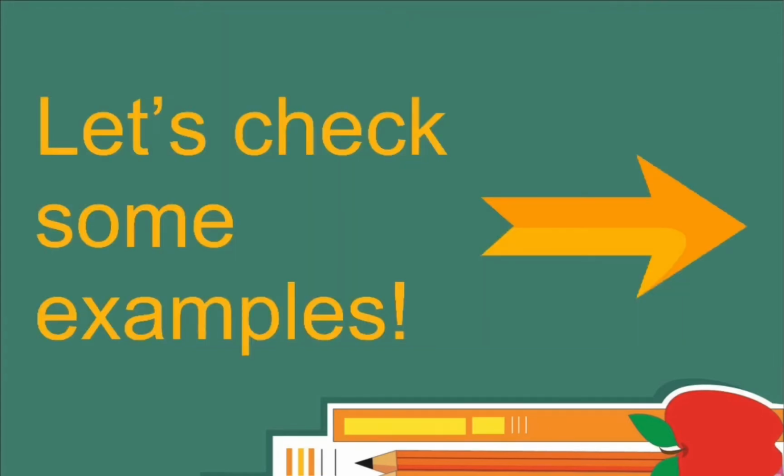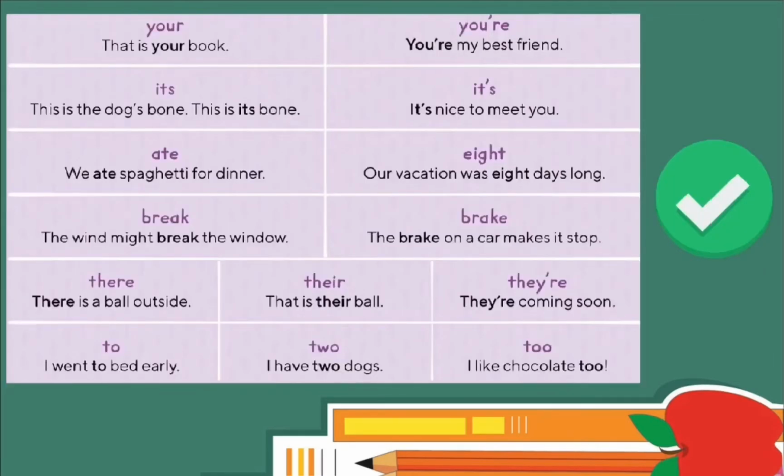Let's check some more examples. Your. That is your book. We refer to belonging, that someone owns that book. You're my best friend, which means you are. It works as a contraction.